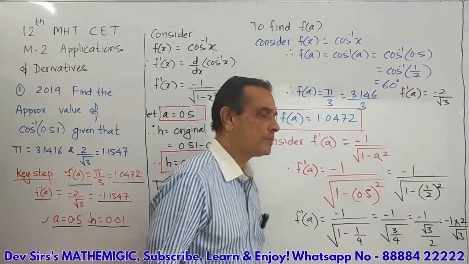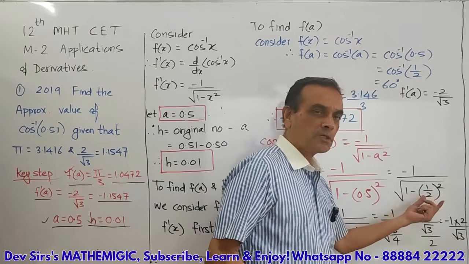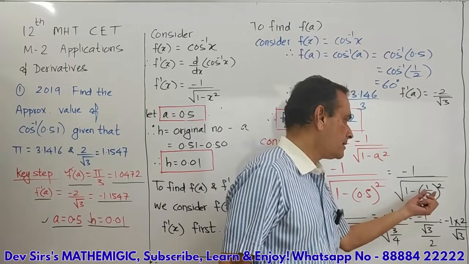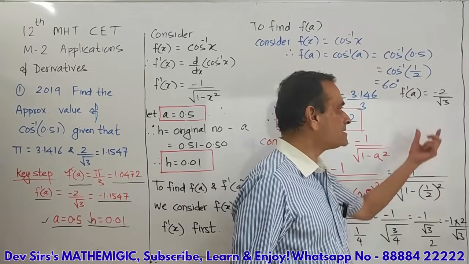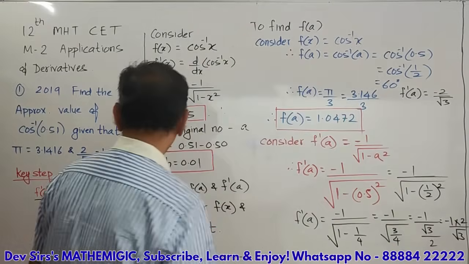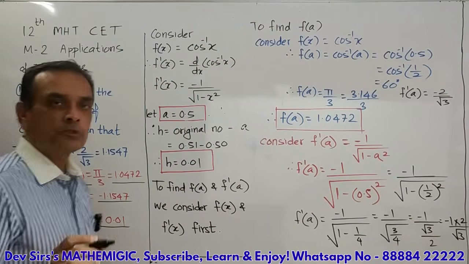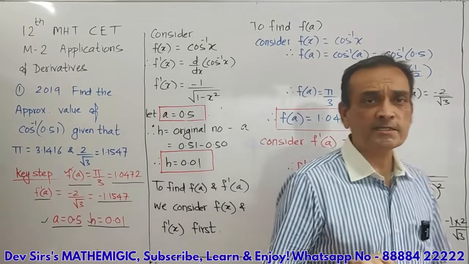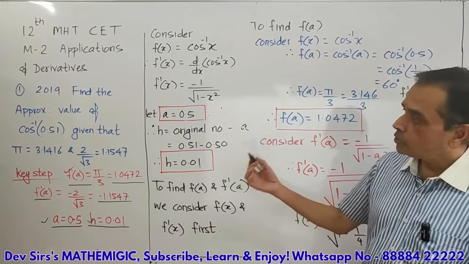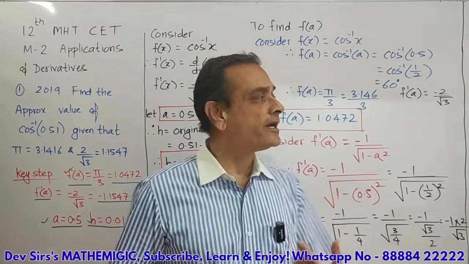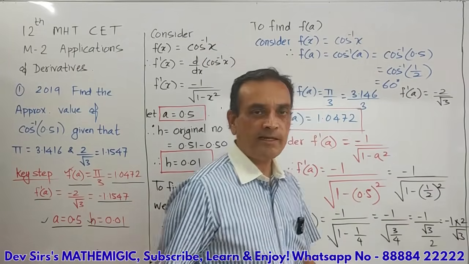Now, fraction लेने का use और एक अभी you will realize after taking the fraction, the answer is in fraction and we are given the value of 2 upon root 3. Usually root 3 upon 2 आता है 0.866, but here 2 upon root 3 is given and we are getting 2 upon root 3. So it's fine.